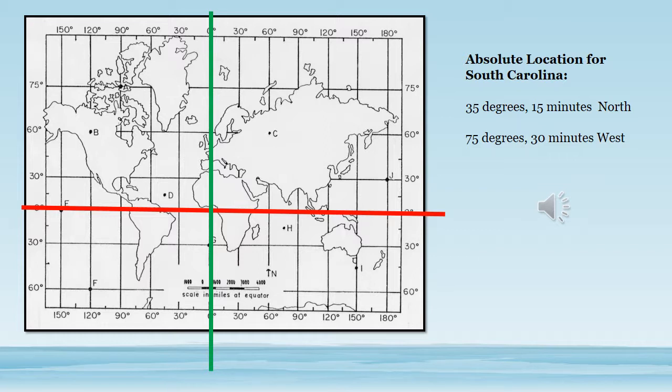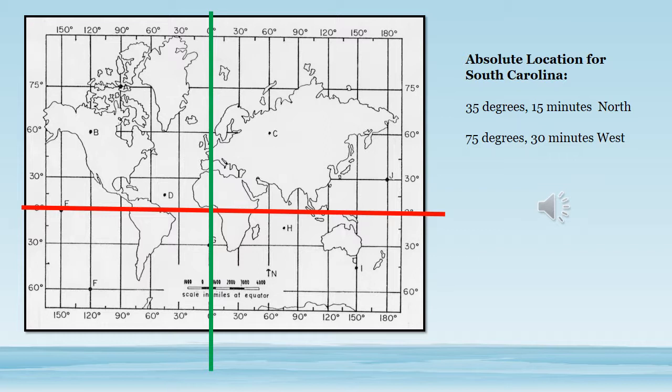So if I go up 35 degrees north and I come over 75 degrees west, you see I just started at 150 degrees, then I went to 120 degrees west, then I went to 90 degrees west. Well, I'm still not over to South Carolina. If I come over to 60 degrees west, well, I've passed South Carolina.